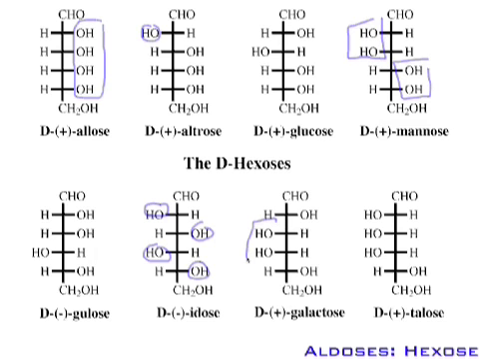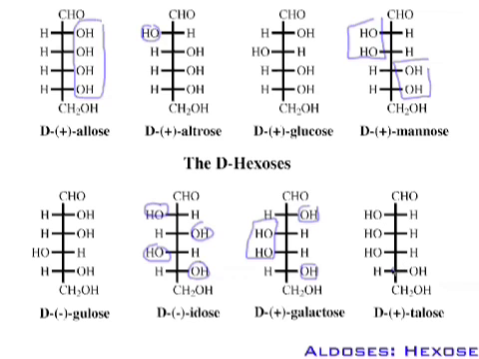Galactose is fairly easy to remember because the 2 middle chiral centers are opposite to the top and bottom chiral centers. You just remember that pattern, and it gets easier. If the first 3 OHs are on the left and the bottom OH is on the right, it's talose.